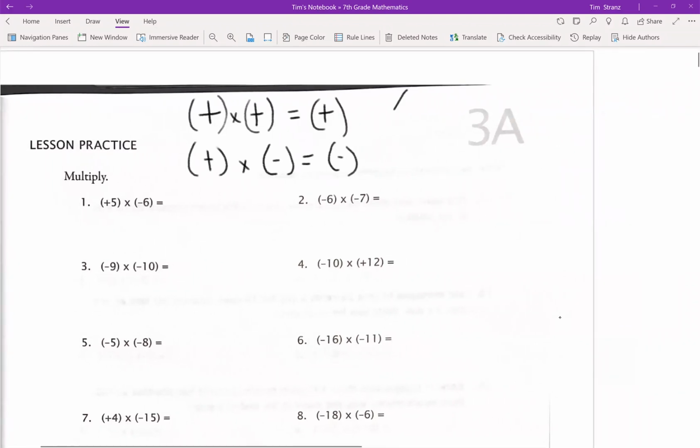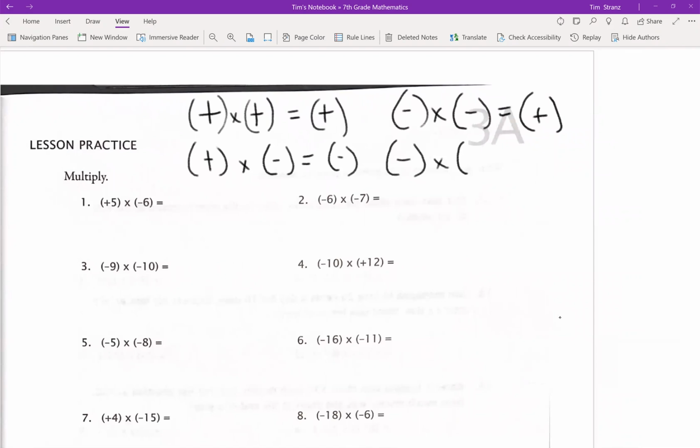When you have a negative times a negative, that's going to turn into a positive answer. And when you have a negative times a positive, that is going to stay a negative number. Okay, so let's remember those rules as we're going through here.